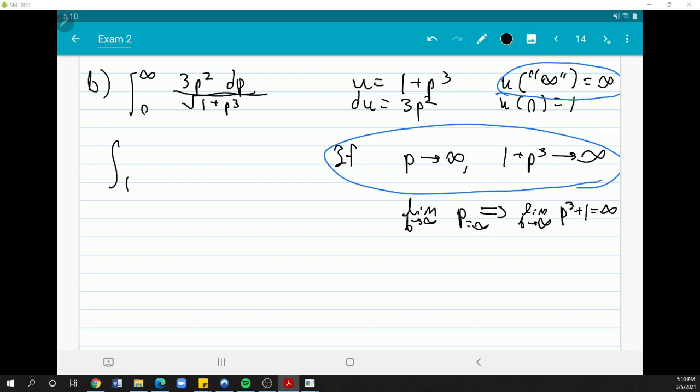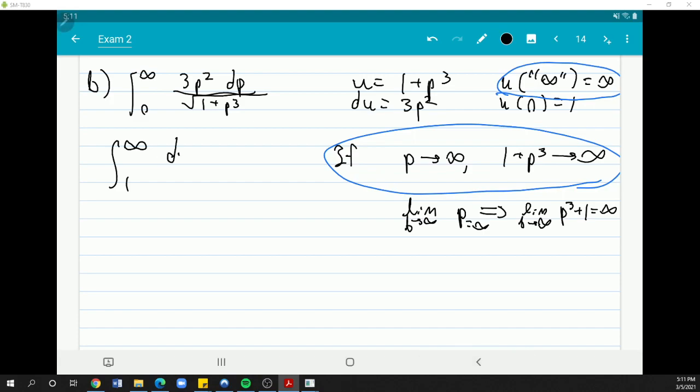So that's why we can make that change of bounds like that. Be careful, because sometimes you might have a bound that goes to infinity, but if you do a u sub, say like 1 over x, if x goes to infinity, 1 over x goes to 0. So you don't always get infinity back, and that's all I'm trying to say there.